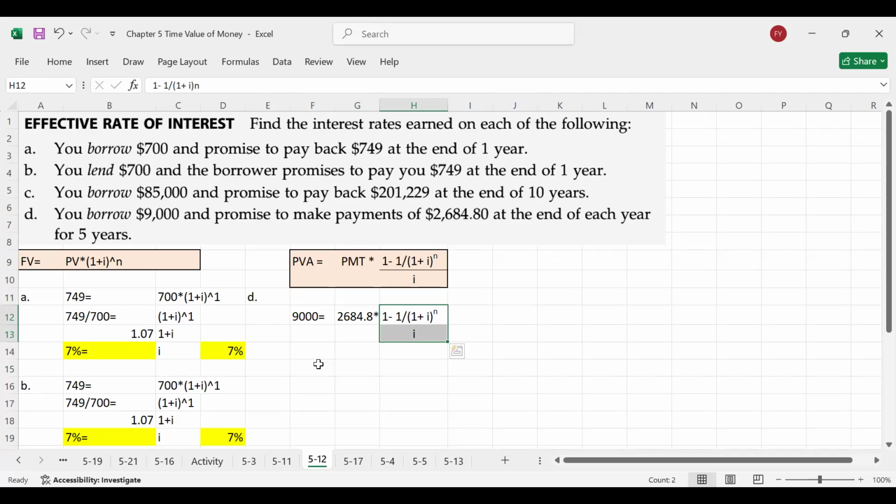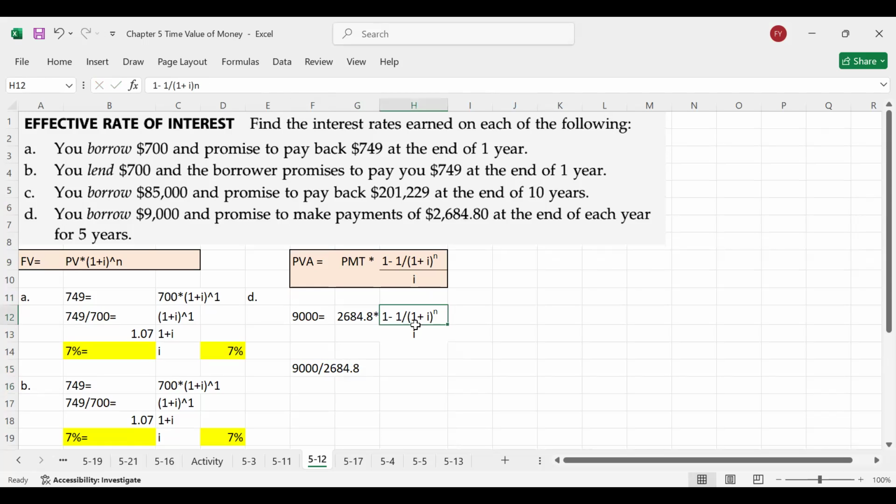So when we have PMT, we will have to use the present value of annuity table, the factors table, because we cannot calculate it simply, or either we can use a hit and trial method. So I'm going to show you how to calculate I in case of annuities with the help of present value of annuity tables. In the next step, we have 9,000, and because this PMT is multiplying with the factor, on the other side this is going to be divided by 2684.8.